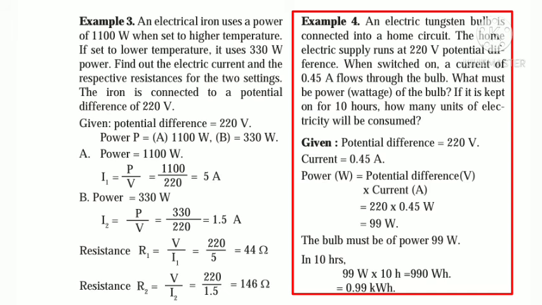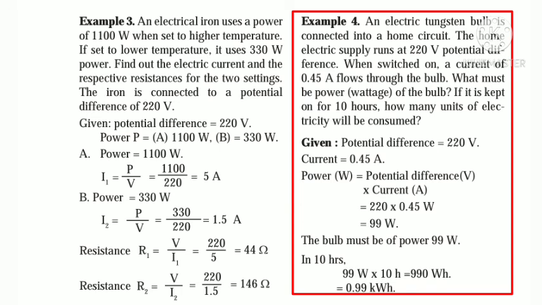What must be power of the bulb? If it is kept on for 10 hours, how many units of electricity will be consumed? In this example also interesting and innovative. In this example, potential difference is 220 volt and current supplied in this circuit is 0.45 ampere.